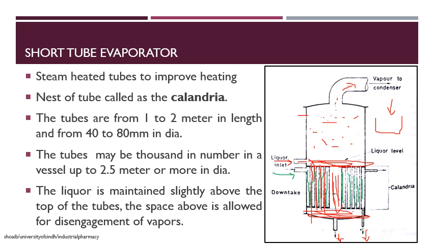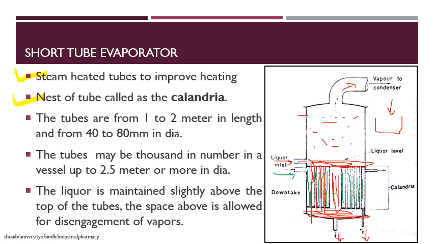So if we discuss it one by one, there are steam heated tubes that improve the heating process. There are a number of tubes, okay, and because of the number of tubes, more and more liquid is exposed to the heated surface. Next, the tube, we call it the calandria.